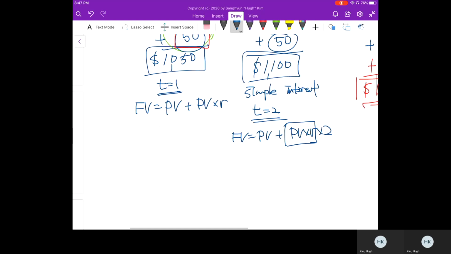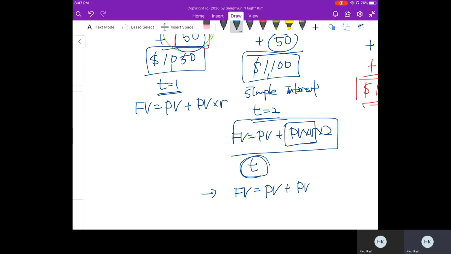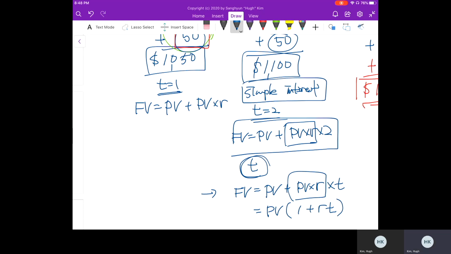And for an arbitrary time t, you can generalize this: the future value is equal to present value plus present value times R, which is the interest, times t. Then you can simplify this to present value times (1 plus R times t) using simple interest.